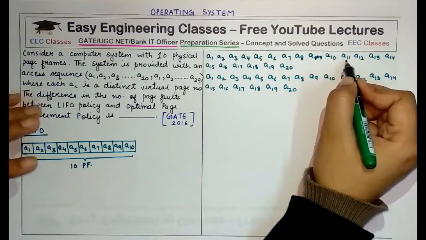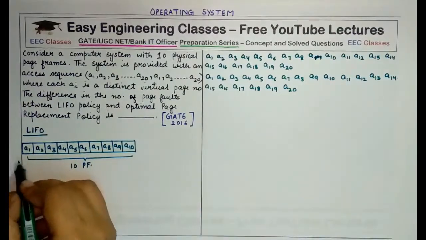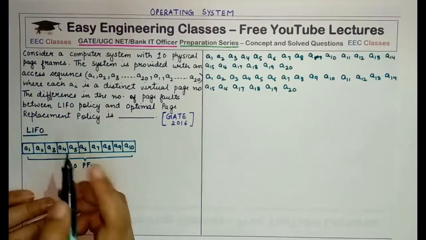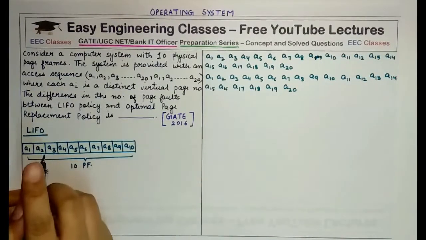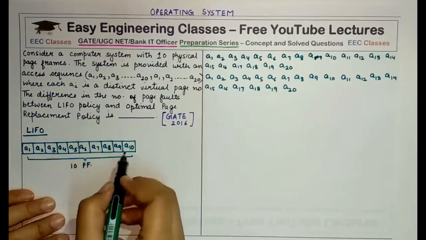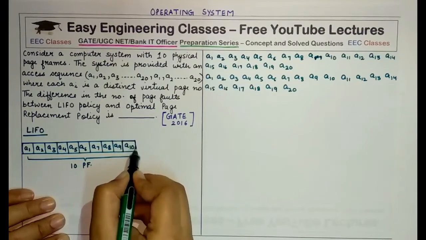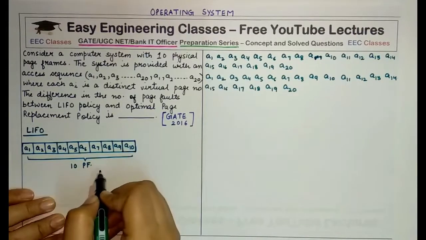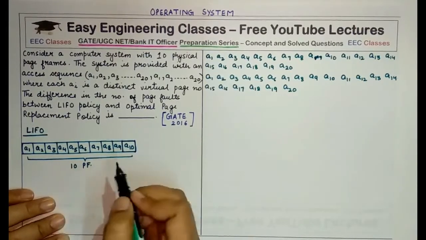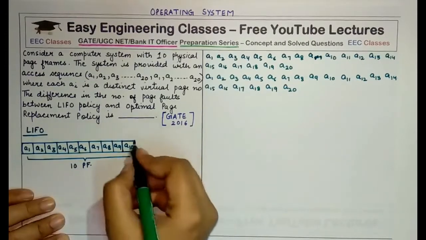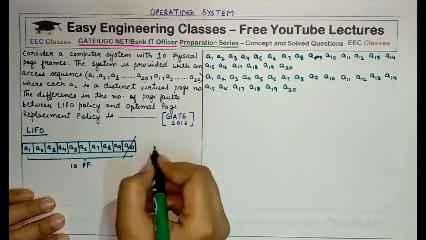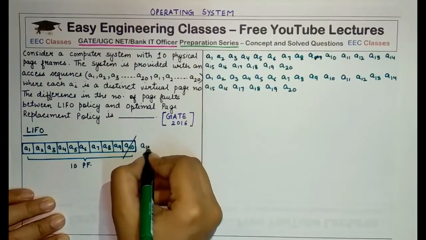The page in this frame set that was put in last will be replaced. The 10th page was the last one to be put in this frame set, so it will be the first one to be moved out. So we'll remove A10 and replace it by A11.